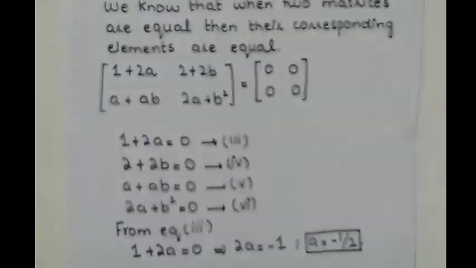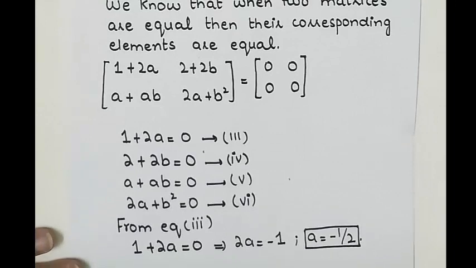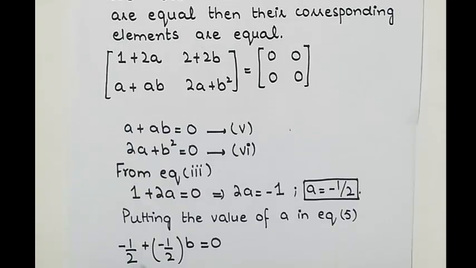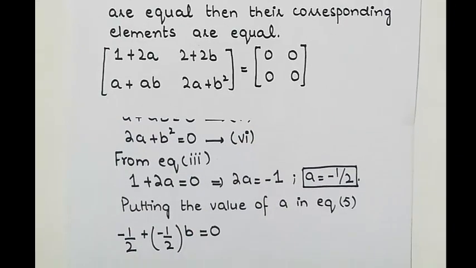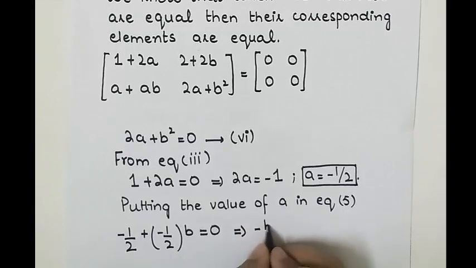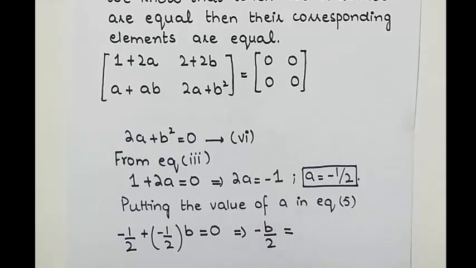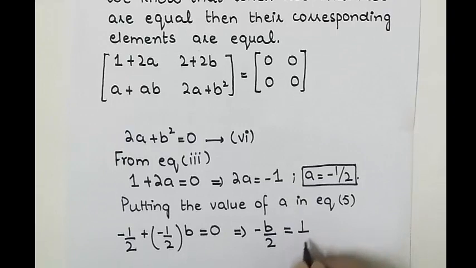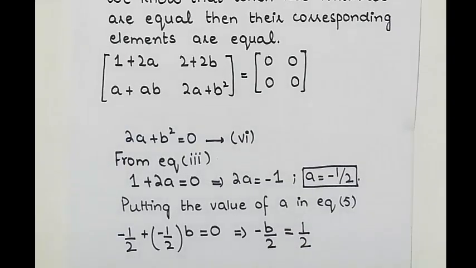Now putting this value in another equation, suppose we put this value here in the fifth equation. So we have A plus AB. We have put the value of A in equation number 5. So taking this term to the other side of equality, we have minus B over 2 is equal to 1 over 2.